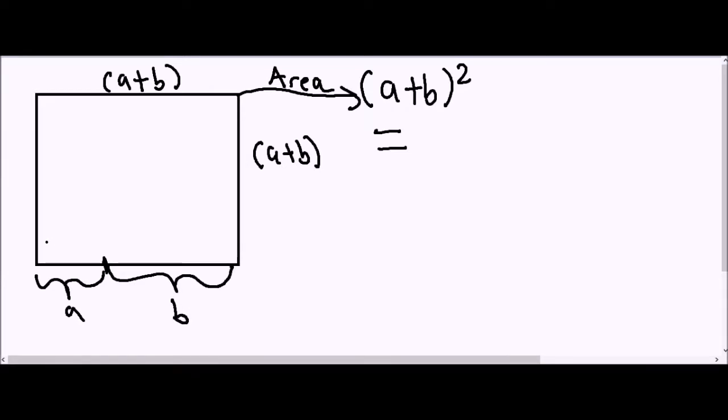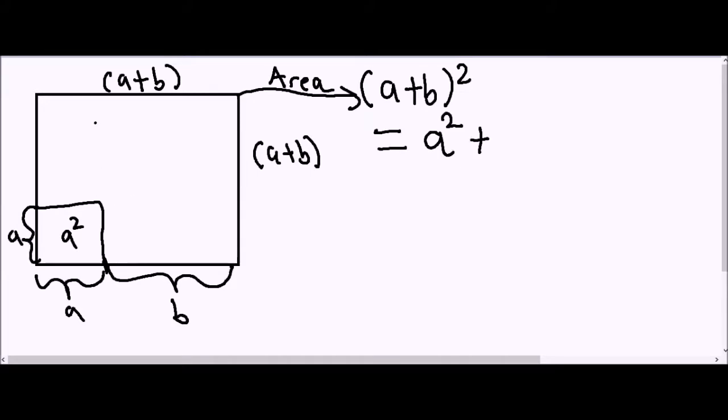So let me draw some interesting shapes in here. I'm going to draw a square in which both side lengths are a. What would be the area of this square? You guessed it, a times a, or a squared. So over here we'll put a squared.